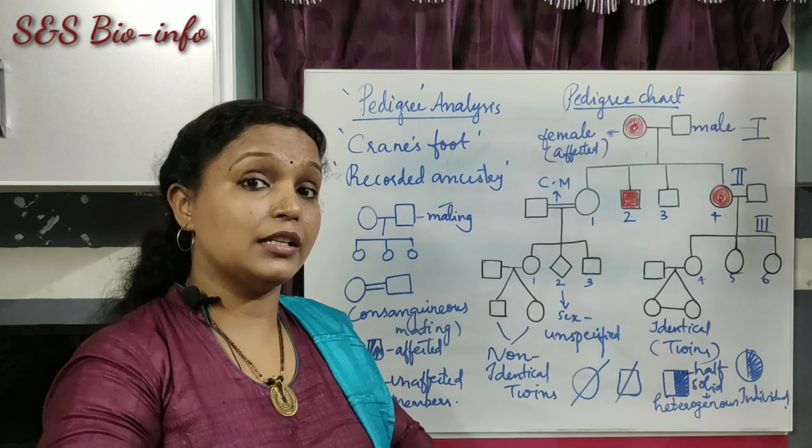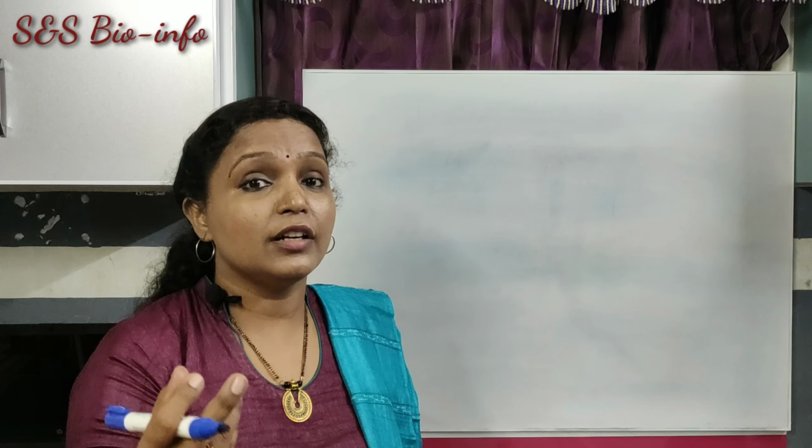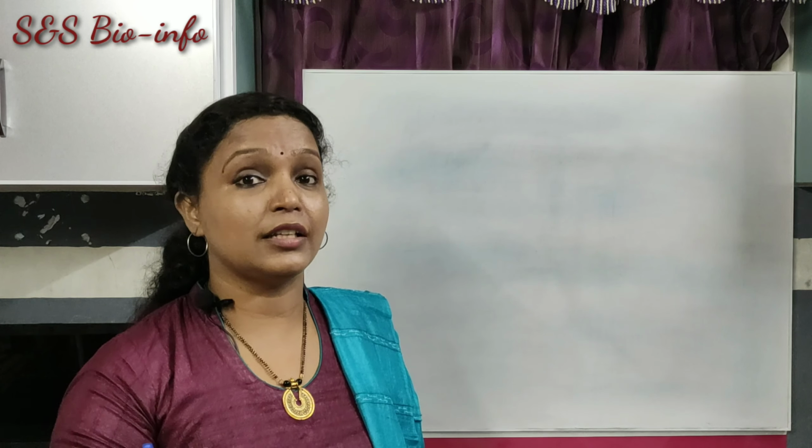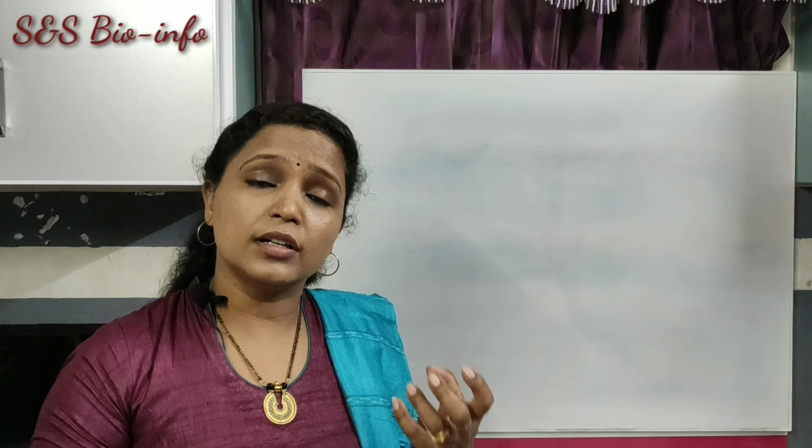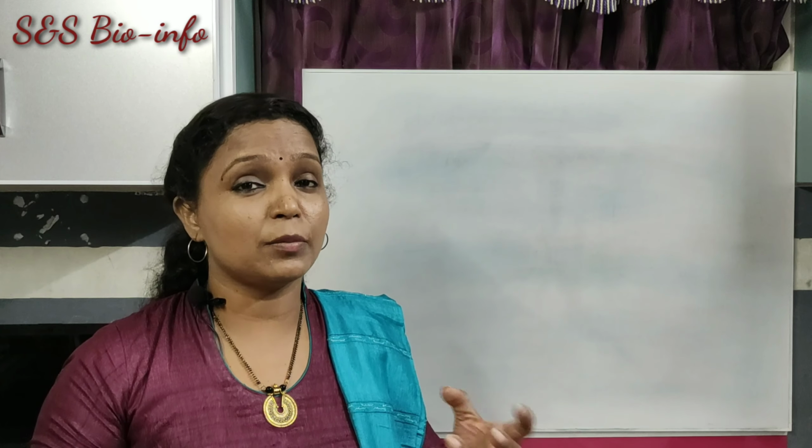Before we begin with the pedigree analysis and the pedigree chart, we must know the different types of genetic disorders that are commonly observed in human beings. The genetic disorders can occur due to genetic mutation, that means a gene mutation or chromosomal mutations. Now let's understand the different types of genetic traits or genetic disorders that can be seen in human beings.